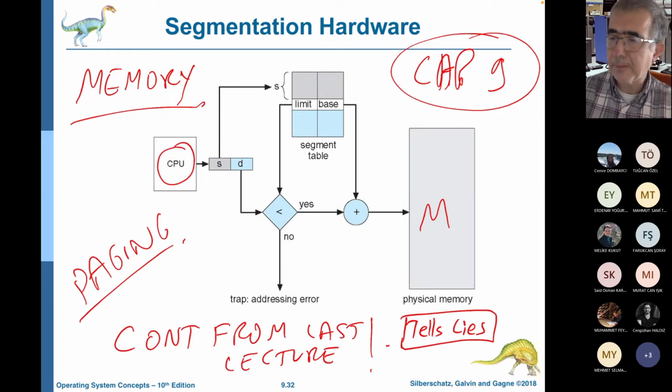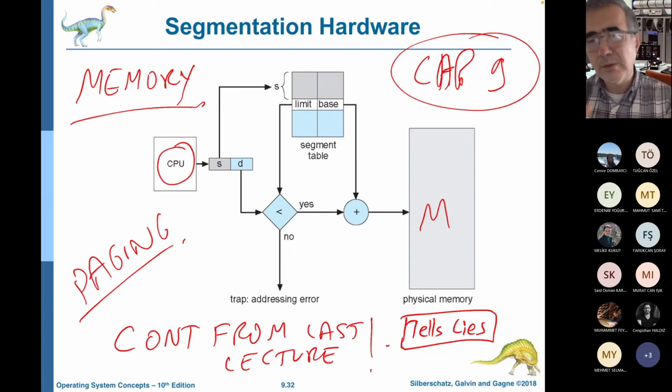The first solution is segmentation. In segmentation, each program is separated into different segments, such as the first part of the program, the second part, the editor part, the printer drivers part. These are segments that are probably running at the same time when you are executing a program.